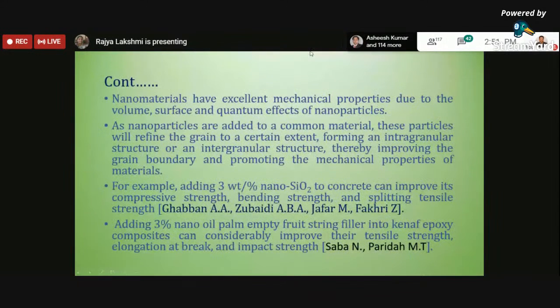At the same time, it has excellent mechanical properties due to the volume, surface, and quantum effect of nanoparticles. Related to surface, because of nanoparticles, surface area will increase. Again, I'm giving a very general example, not very technical.